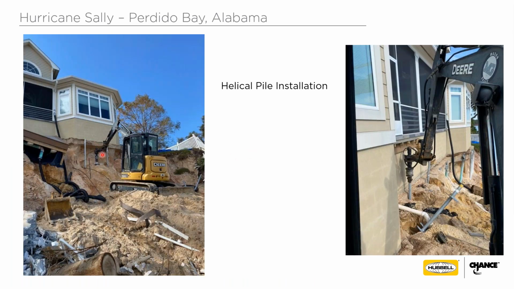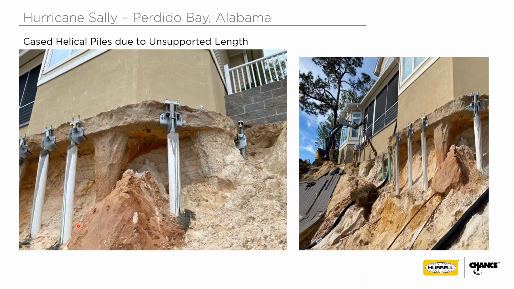So here's the rig installing the helical piles underneath the foundation. Here's a little bit better picture of it. They installed 2 7/8 pipe shaft helical piles, but they also encased them with a grouted casing in order to provide additional stiffness to this grout shaft or the column because of its unsupported length.